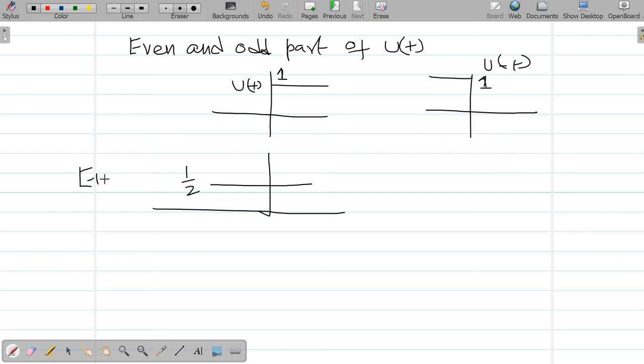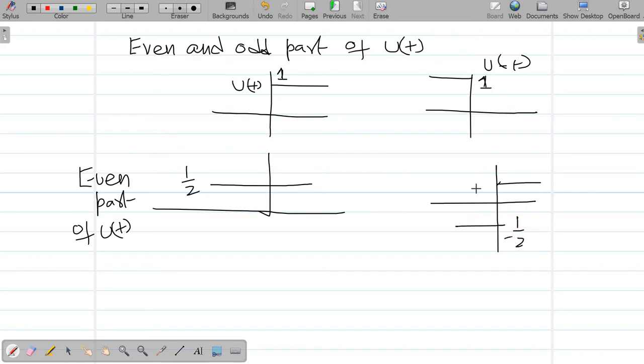So the even part of u of t is this, and when you subtract this from this, and divided by 2, your function becomes like this. So this is your odd part.